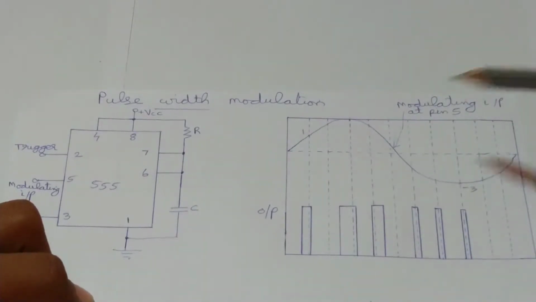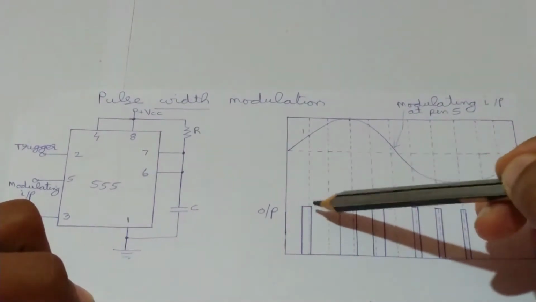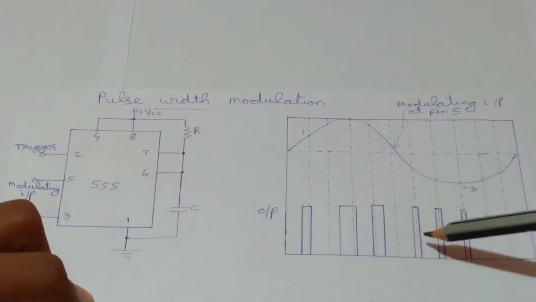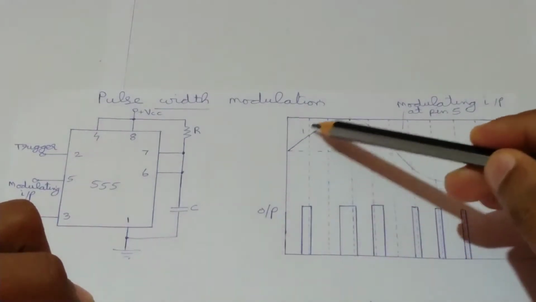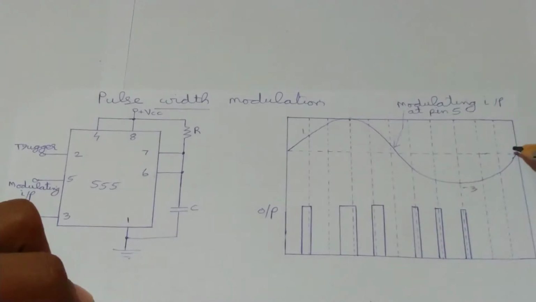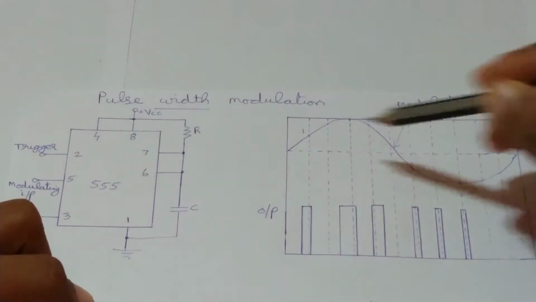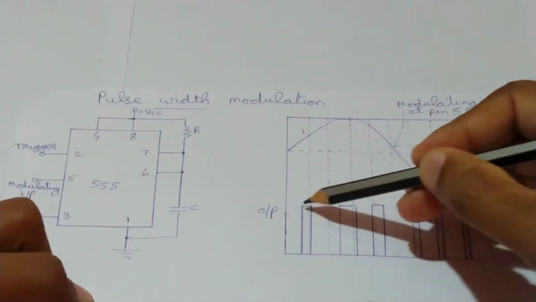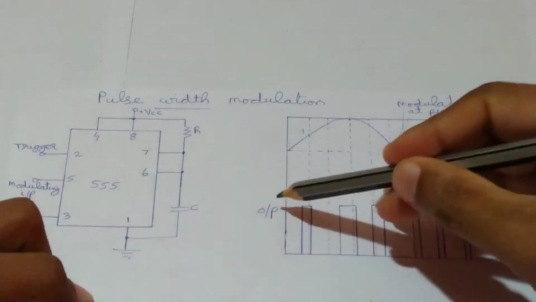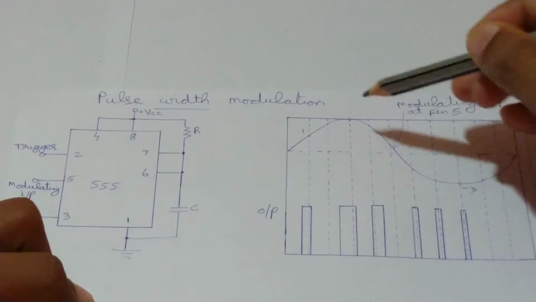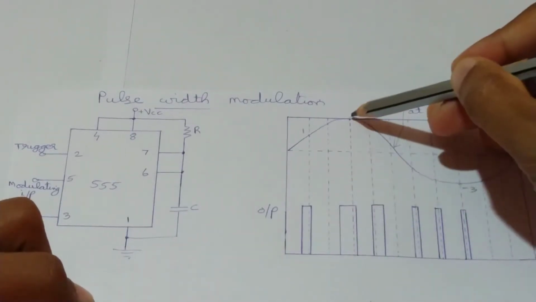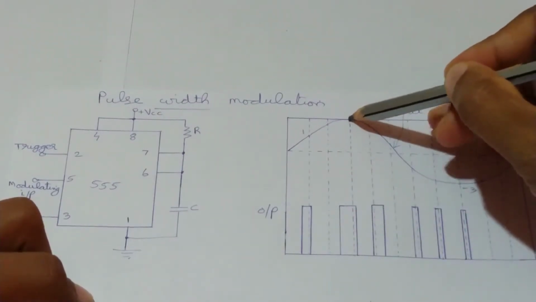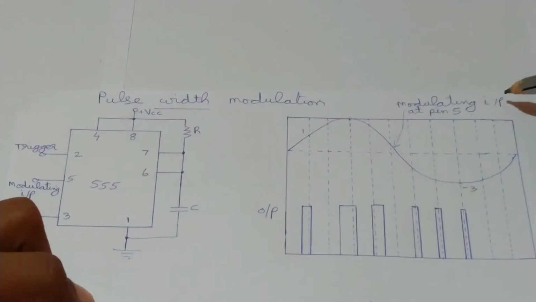Hence we can see the width of the output pulse is changing according to the instantaneous amplitude of the modulating input signal. When the amplitude of the input signal is increasing, the width of the output signal also increases, and we will get the maximum width at the positive peak point of the modulating input signal.